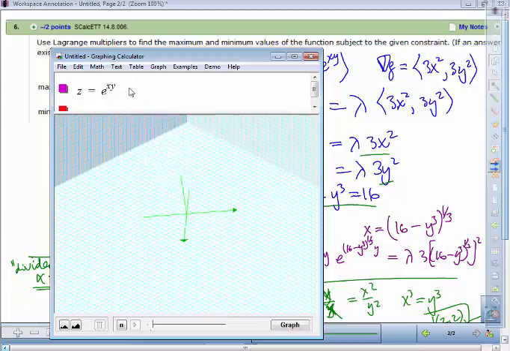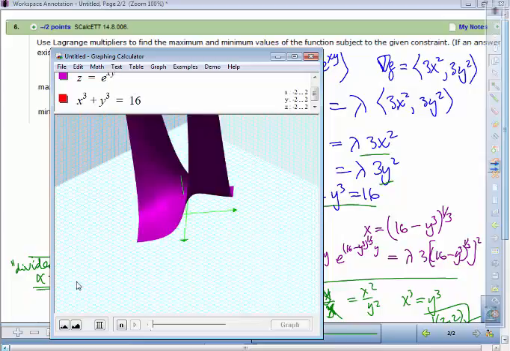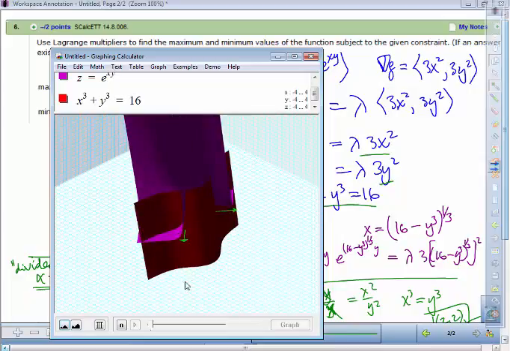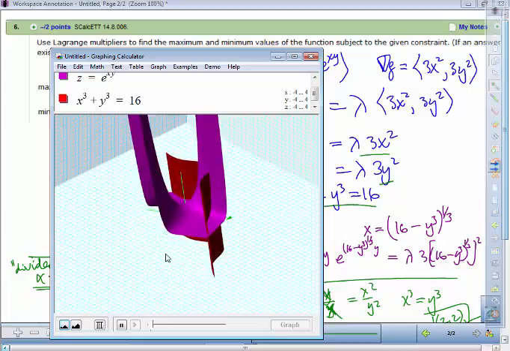Let's draw the constraint. The constraint was x cubed plus y cubed equals 16, and I think I might need to zoom out. So it's only on this side.